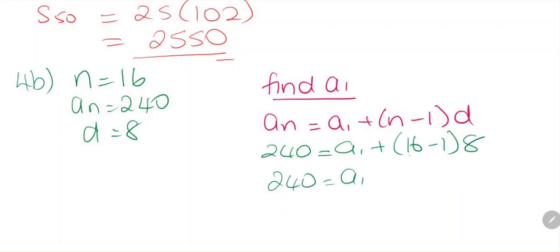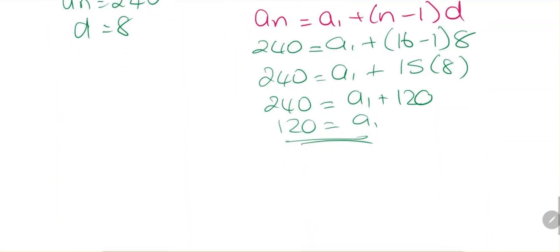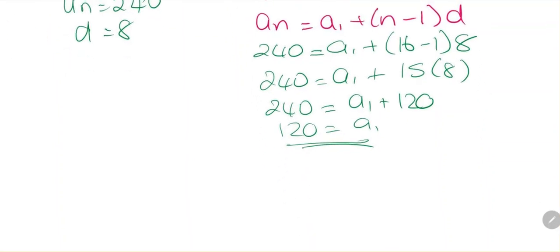So 16 minus 1 is 15, so that's 15 times 8, which is 120. So if I subtract 120 from both sides, 240 minus 120 is 120. So my first term in my sequence is 120.